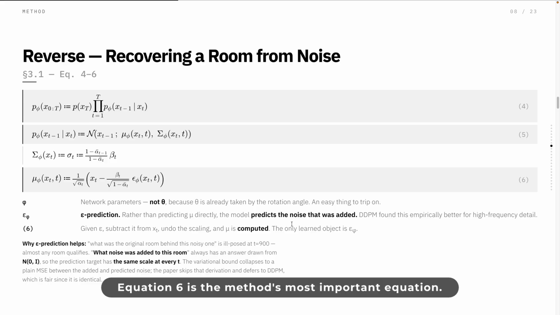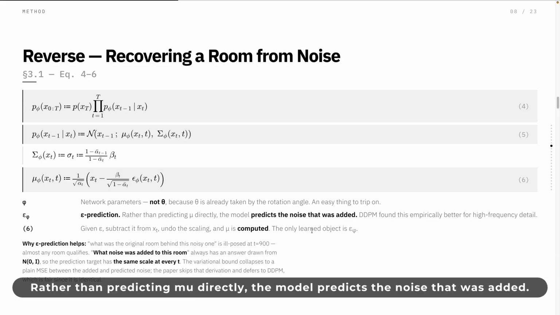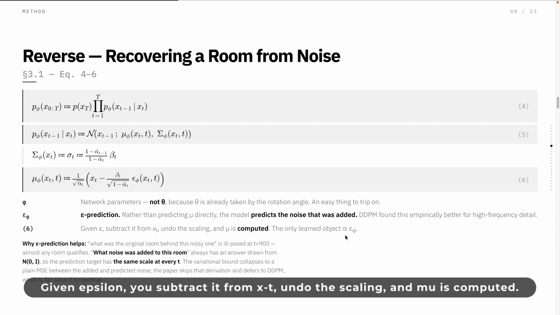The easiest thing to trip on when reading this paper. Equation 6 is the method's most important equation. Epsilon prediction. Rather than predicting mu directly, the model predicts the noise that was added. Given epsilon, you subtract it from xt, apply the scaling, and mu is computed.